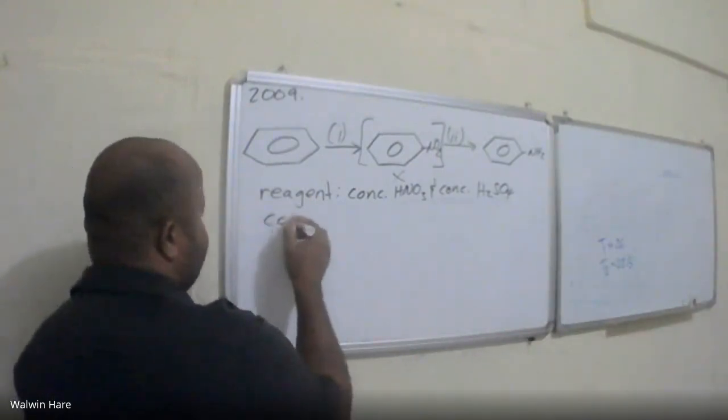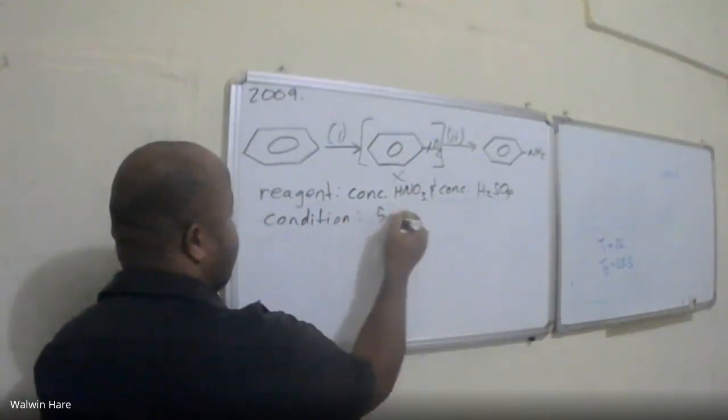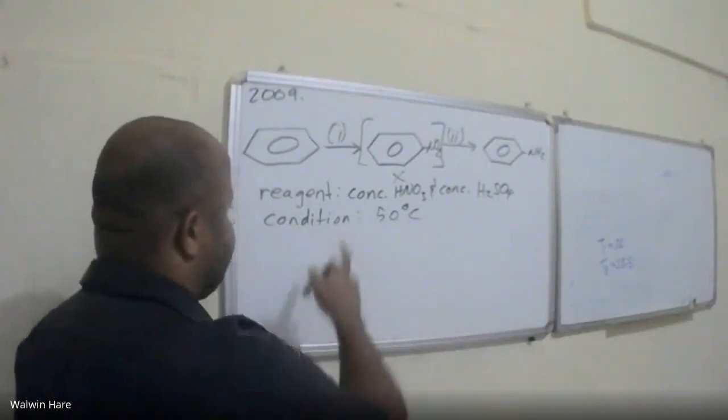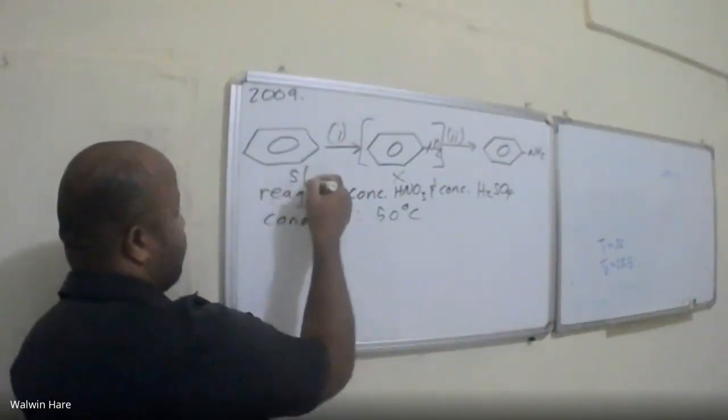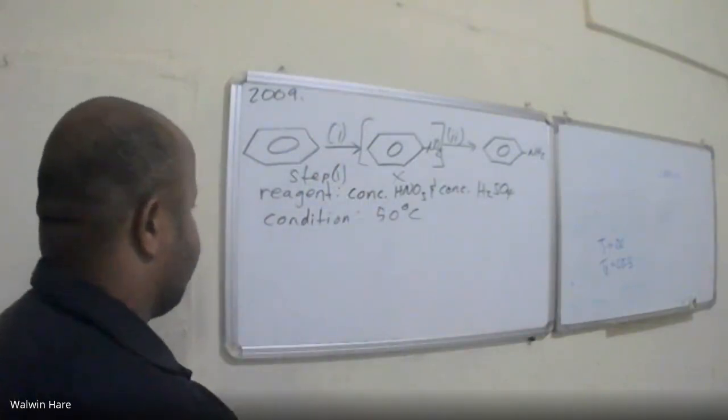Reagent, the condition is the temperature of 50 degrees Celsius. So this is for step one, the reagent and condition.